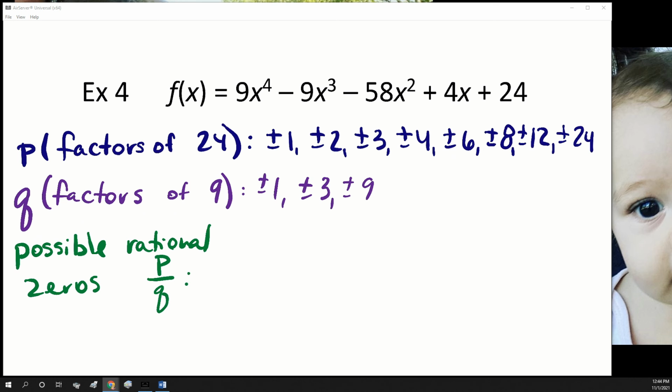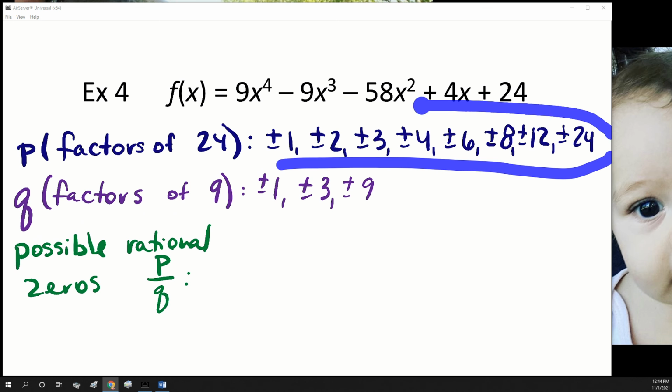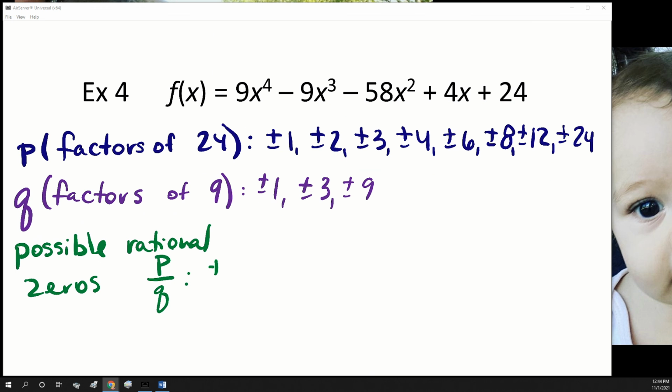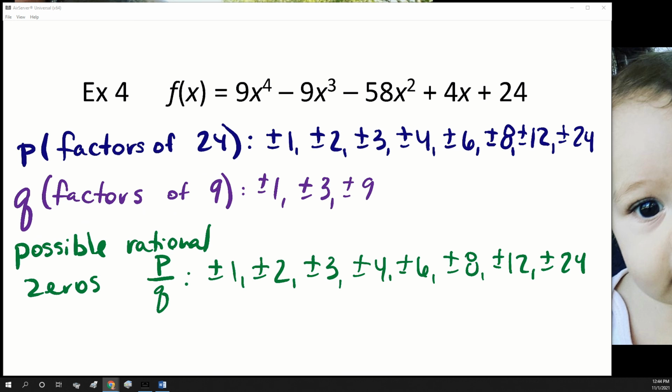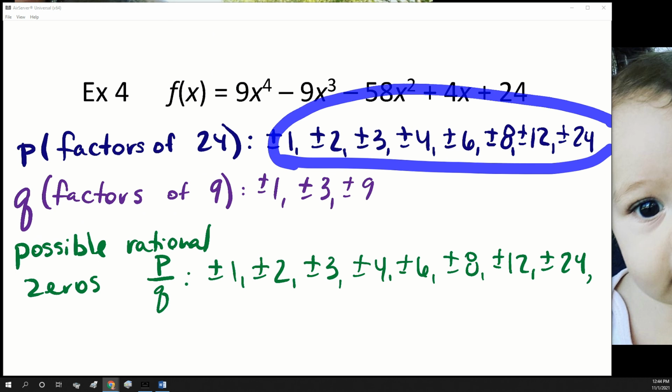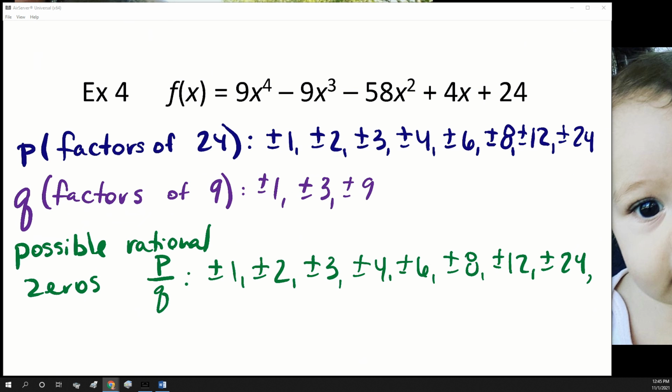All right, so our possible rational zeros, we're going to take that whole dark blue list and put it over 1, which is going to give us that same list. Then we're going to take that whole dark blue list and put them over 3.